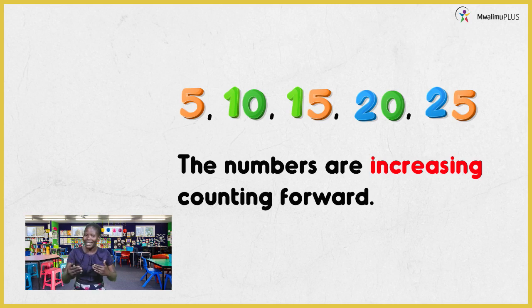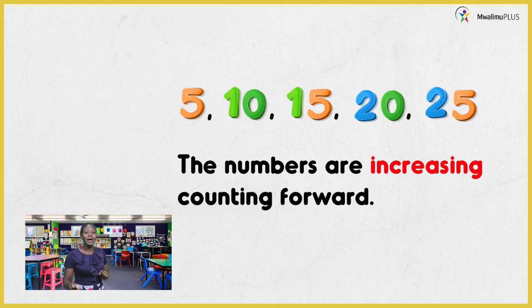But these numbers are increasing by 5, meaning that they are counting forward by 5. 5, you move 5 steps ahead. 1, 2, 3, 4, 5. You reach 10. 10, 5 steps forward. You reach 15. 15, 5 steps forward. You reach 20. 20, 5 steps forward. You reach 25. Therefore, this is what we call counting forward.